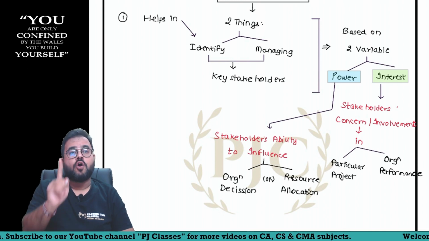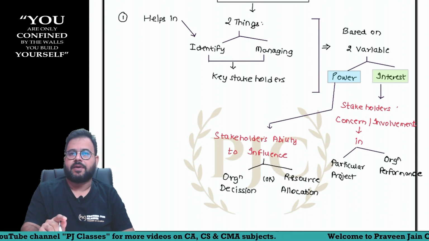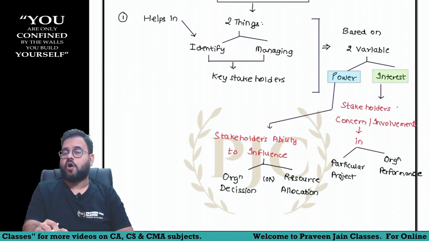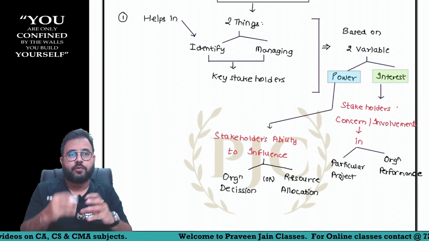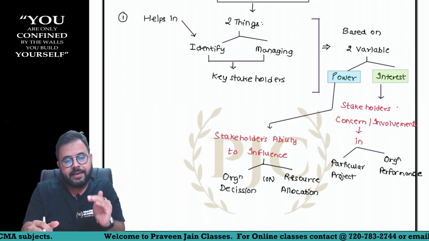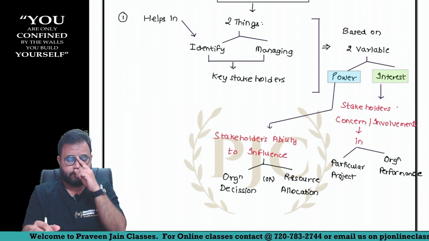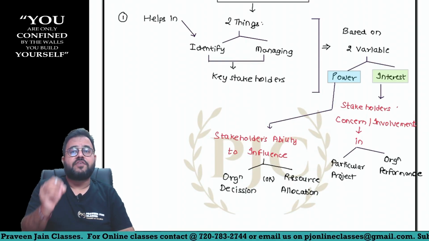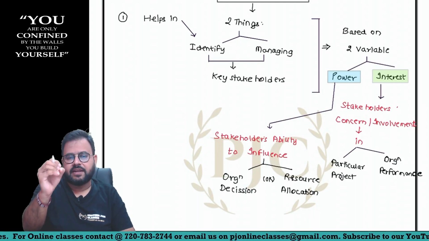Because I told you all stakeholders are not going to influence the company in the same manner, so we are doing prioritization. All stakeholders are not that important for the company. Who is more important, who is less important, and based on that, we are going to treat them. So, we are going to prioritize the right person at the right time.